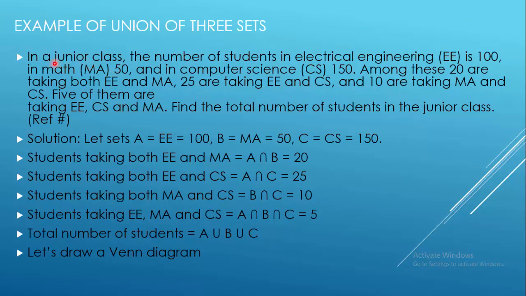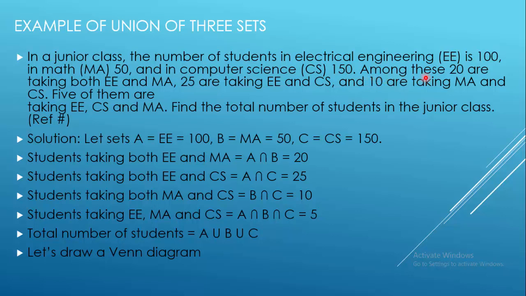Here it is not based on probability, it is just an example of simple sets. In a junior class, the number of students in electrical engineering, EE, is 100, in math class 50, and in computer science class 150.